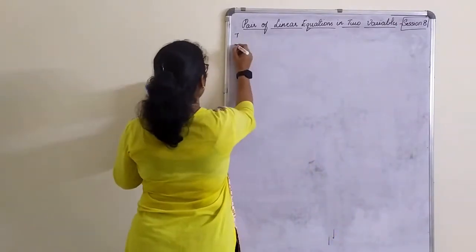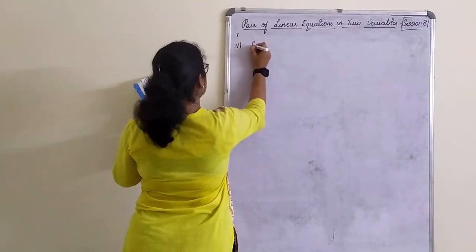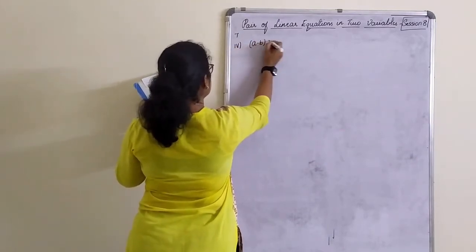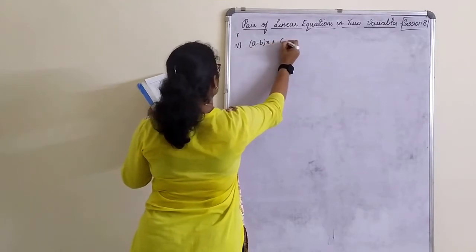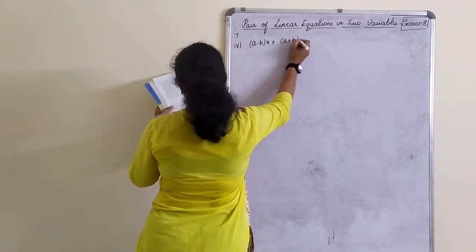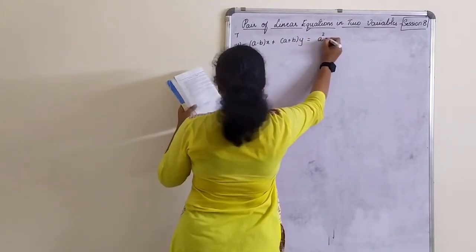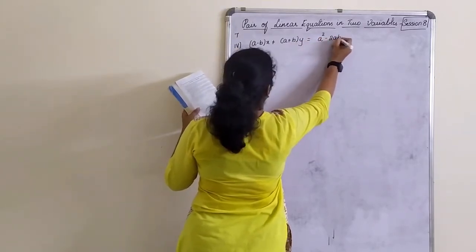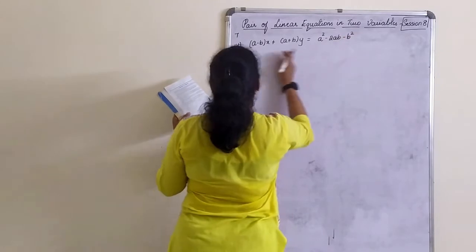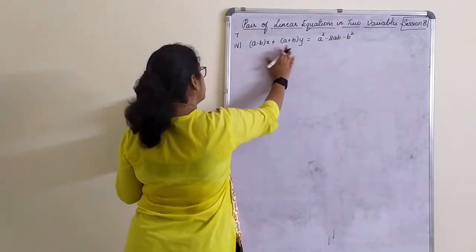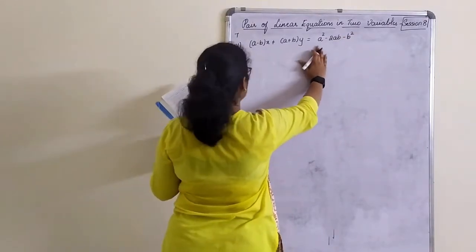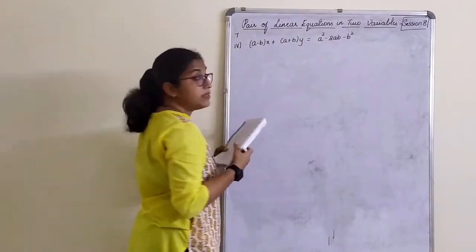Let's see. Fourth one. (a minus b) of x plus (a plus b) of y is equal to a square minus 2ab minus b square.